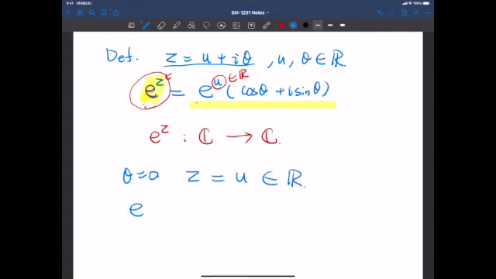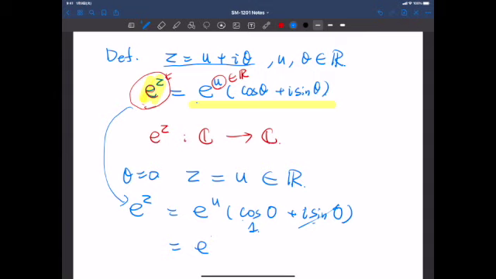In this case, e to the power of z is equal to exp of u times cosine 0 plus i sine 0. But sine 0 is 0, so it's gone, and cosine 0 is 1. Therefore, this is equal to e to the power of u. So this is the same as the exponential function in the real domain.